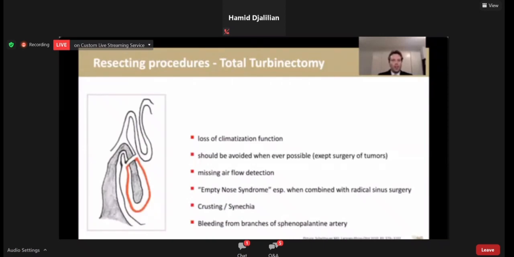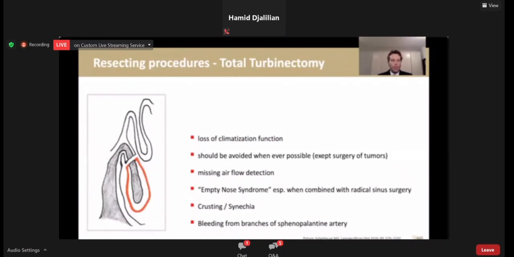The last procedure on the inferior turbinate I want to show you is the total turbinectomy. This definitely results in a loss of climatization function afterwards and should be avoided whenever possible, except in surgery of tumors or when you need a megaostium to the maxillary sinus.